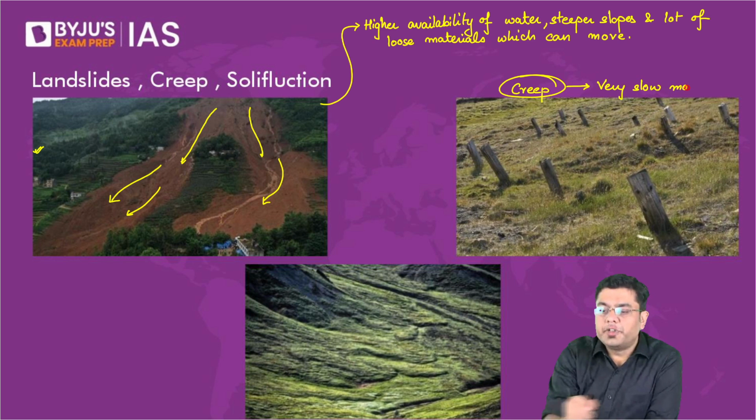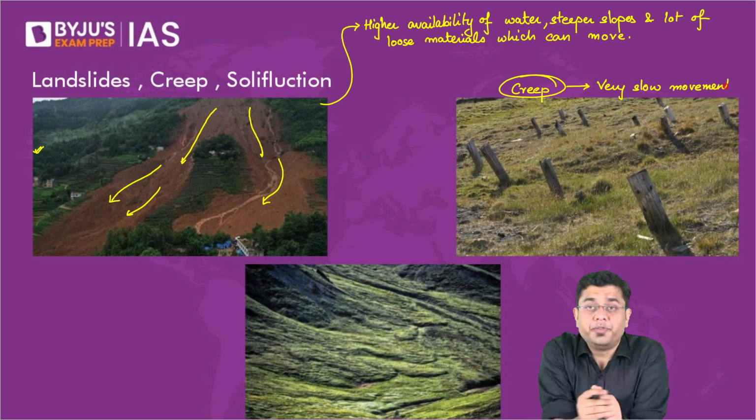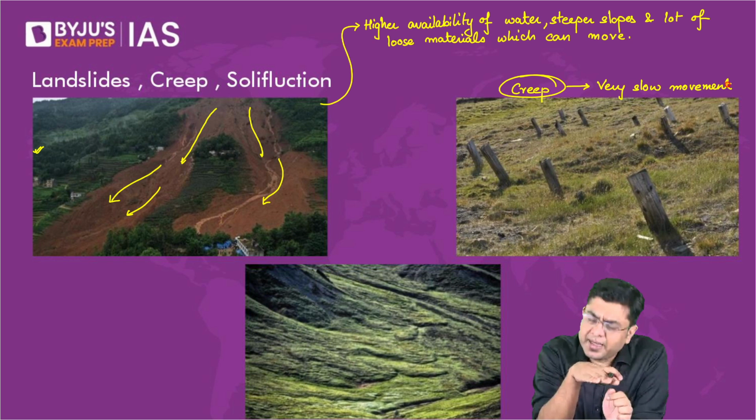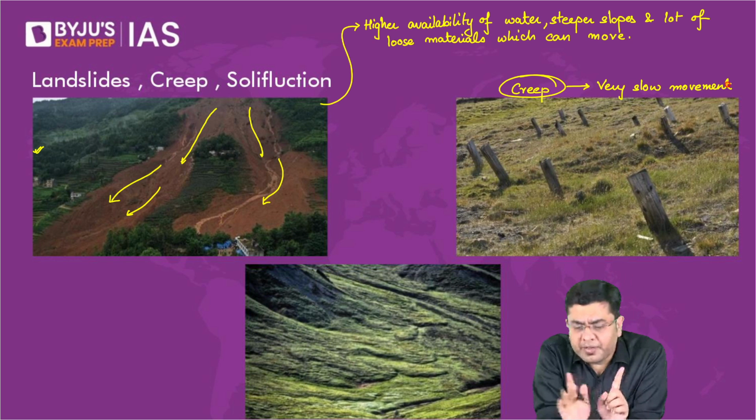So many times you would have observed that, for example, in any particular region where the slope is not very significant, it is very slight, all the telephone lines in that region indicate a bend in the same direction. Or maybe the fencing that someone has carried, all the various pillars of that fence, they are bending ever so slightly in the same direction.